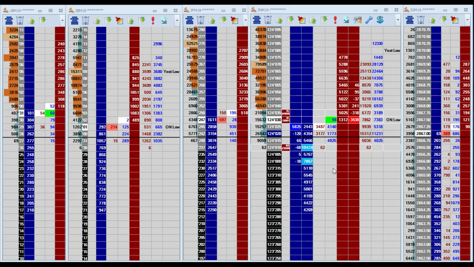I can see the price action definitely picked up quite a bit. Don't like this pause here.